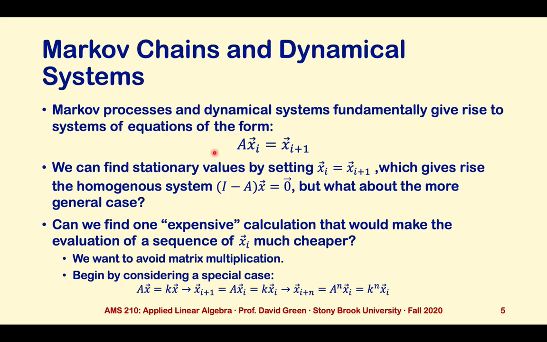What about the more general case? Solving this problem for a sequence of x's, right? This is a very common application in this problem. We're given a starting value x0, and we want to evaluate what the value of x is at point 1, 2, 3, 4, 100, 1,000, 1,000,000.